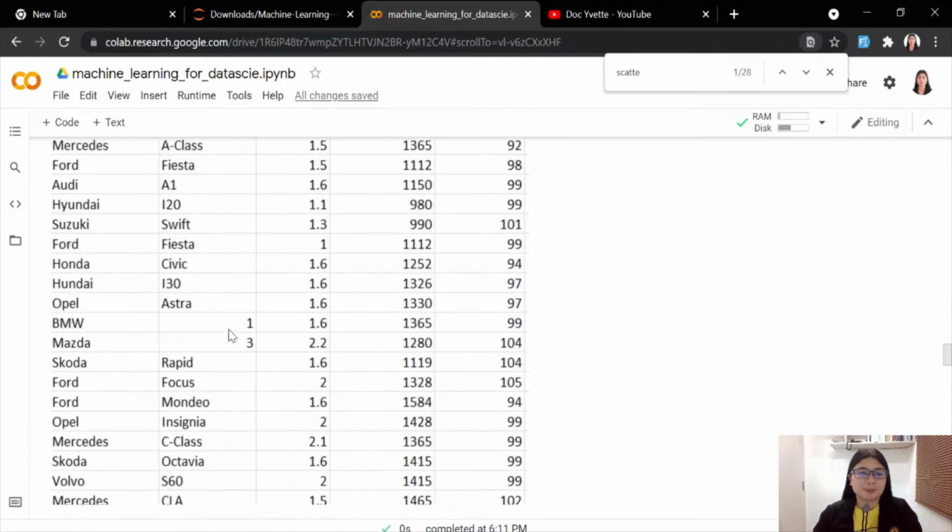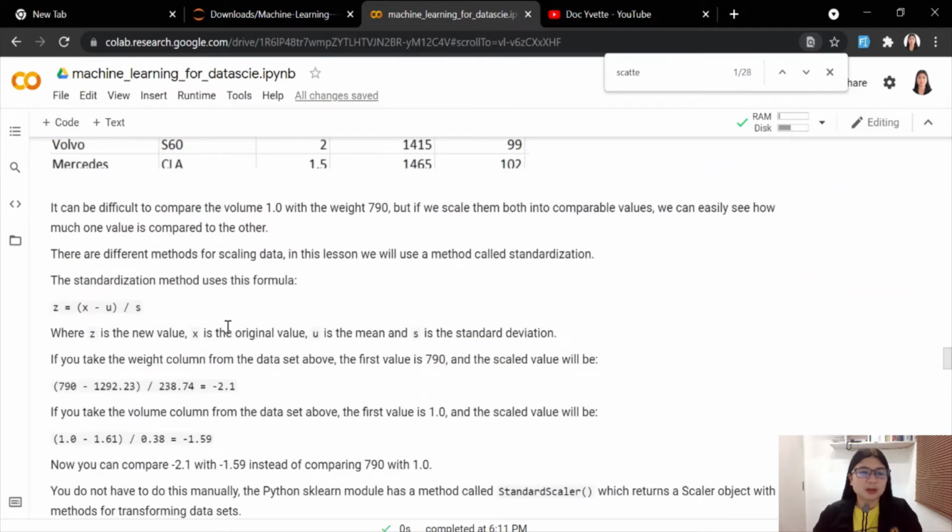It can be difficult to compare the volume 1.0 with the weight 790, but if we scale them both into comparable values, we can easily see how much the value is compared to the other. There are different methods for scaling data.